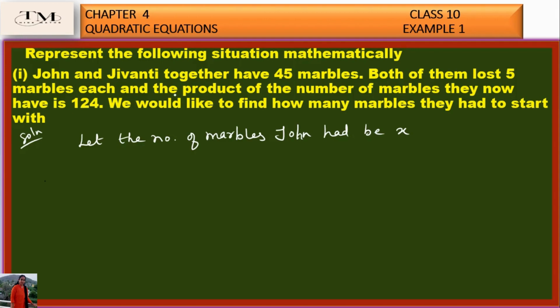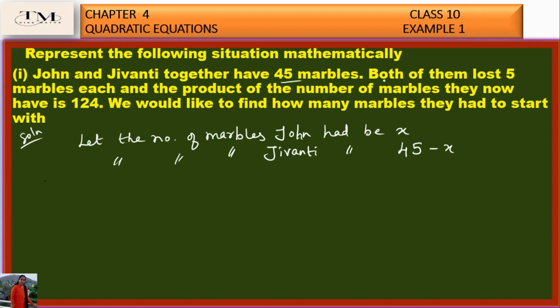The total is 45, so the remaining marbles will be with Jivanti, that is total minus x. So the number of marbles Jivanti had is 45 minus x. If you add both, x plus 45 minus x, the x and minus x get cancelled, so the total is 45, which is given.